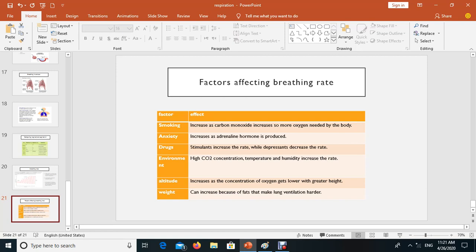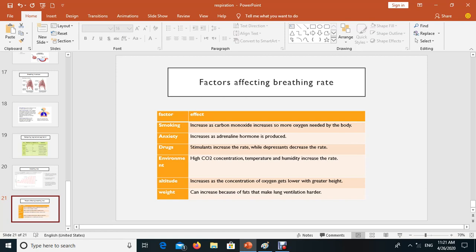Okay. Anxiety of course increases breathing rate, because when you are anxious or when you don't sleep very well and so on, the adrenaline hormone is produced, and you are going to have more about adrenaline in homeostasis, so this increases breathing rate.